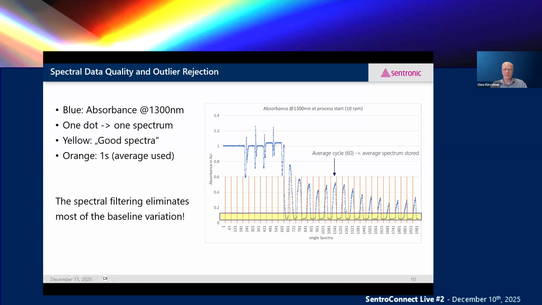To avoid very high fluctuations in the baseline out of this process variation, we implement filters in our system to only use the data which have a really good sample presentation for further processing. The orange lines just mark the borders of an individual measurement, which is then saved in the instrument. This is about 1 second intervals per orange line.